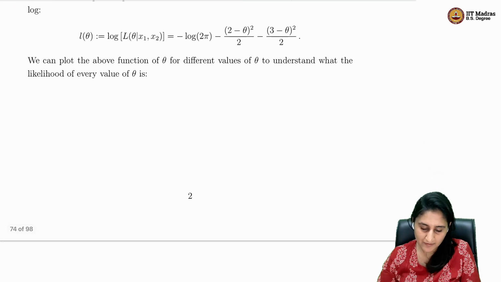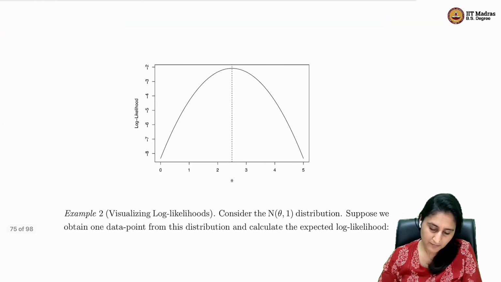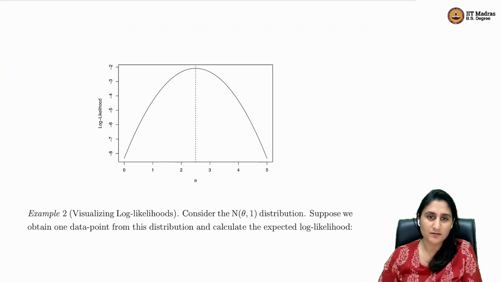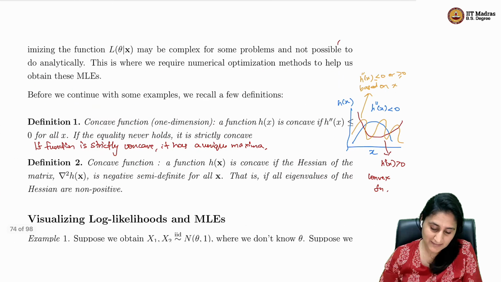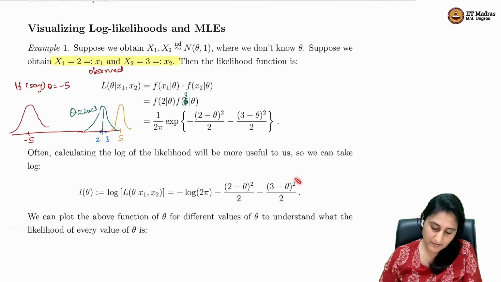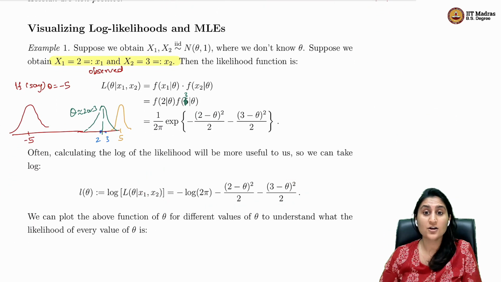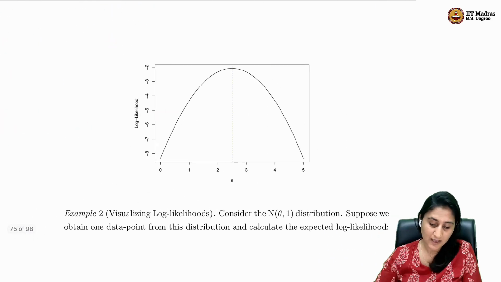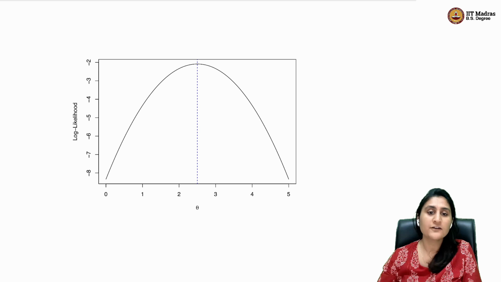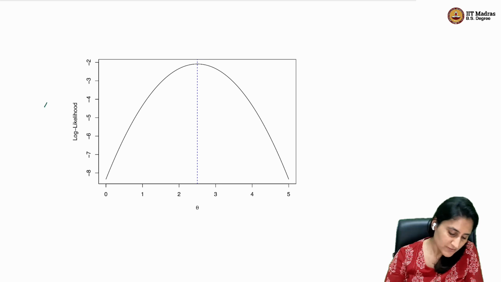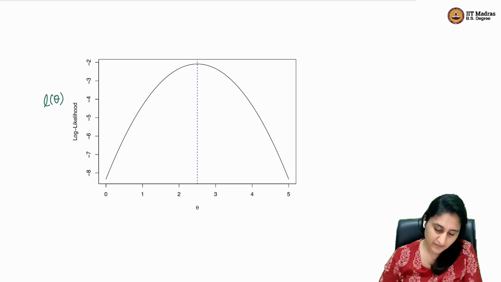And when I plot it, this plot is exactly this curve over here as a function of theta. So as theta changes, I get different values of how likely it is. So this over here is l of theta.